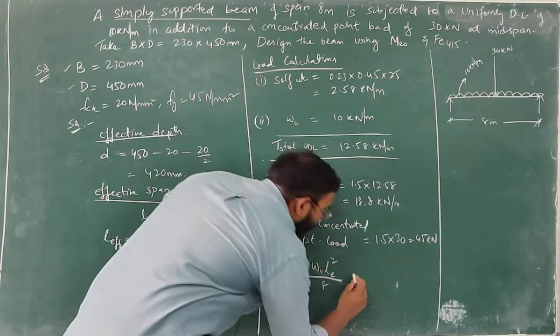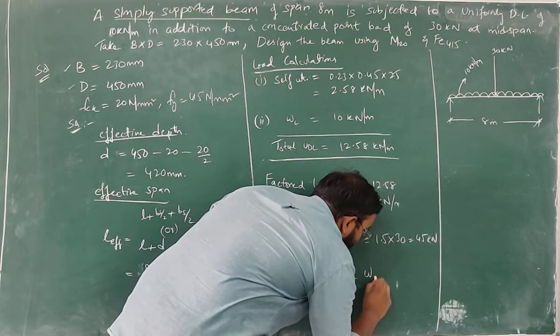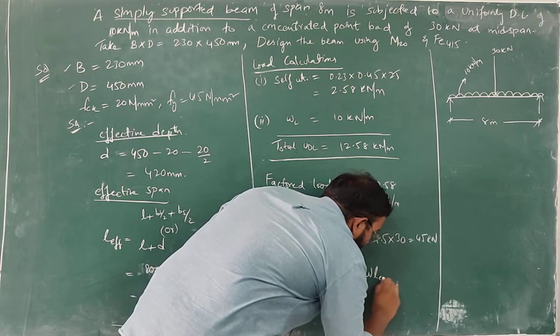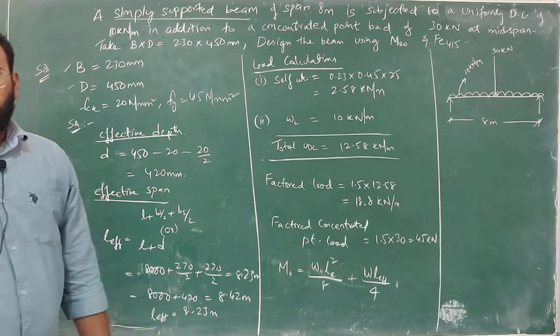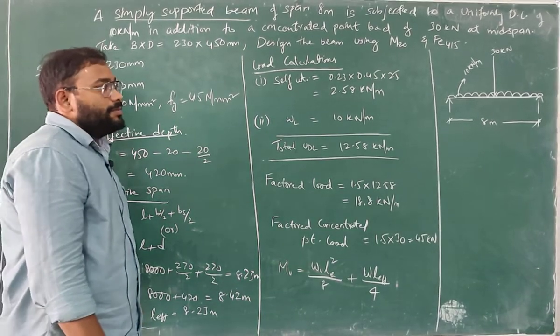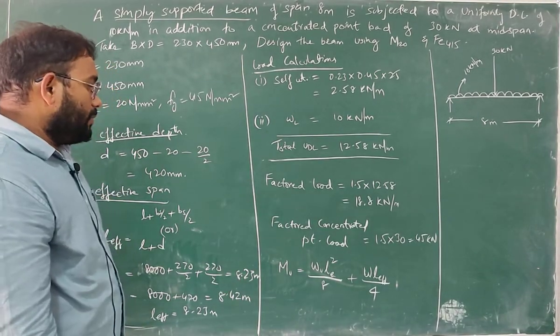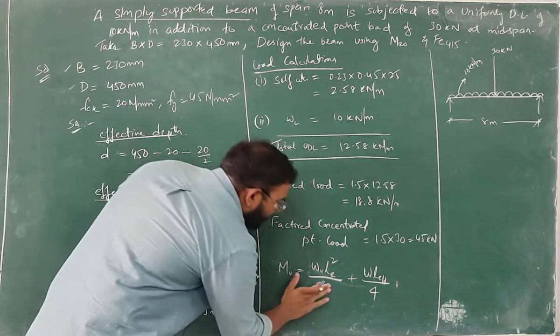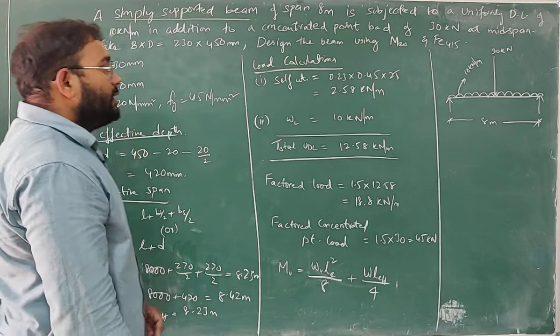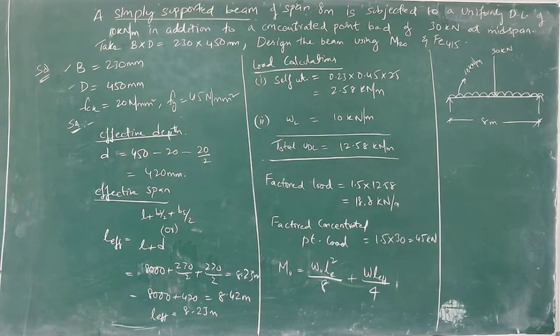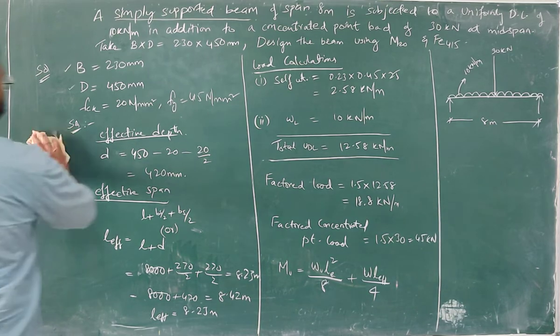So the formula for point load is W into L effective by 4. WL by 4. So remember the formulas which we have studied in solid mechanics or mechanics of material, because these formulas are very important. If you know the formulas only, you will be able to solve the problems.